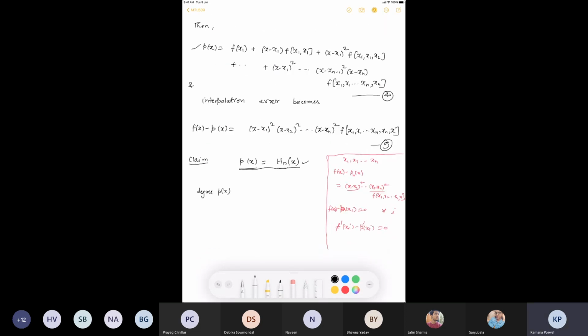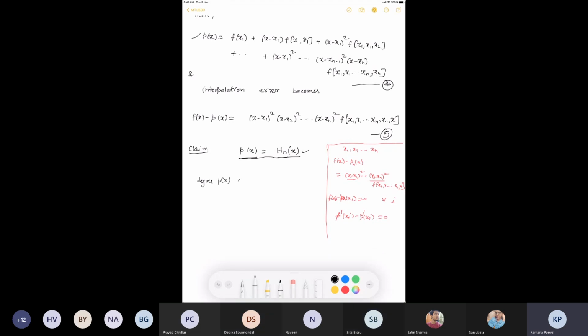In the case of Newton's divided difference form, we know that the last term will tell you the degree of the polynomial, because we write the polynomial as a sum of terms. So the degree is 2n minus 1. So this is going to be less than or equal to 2n minus 1. At most it can be 2n minus 1.